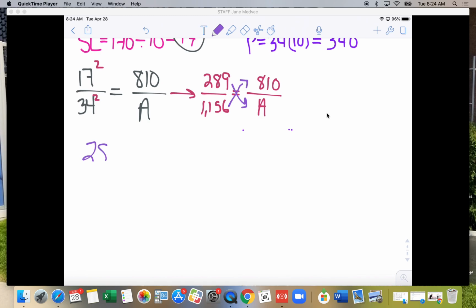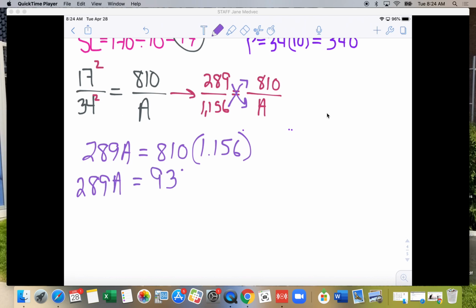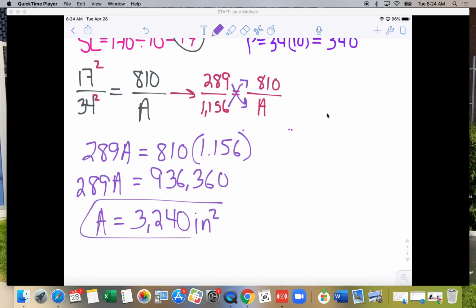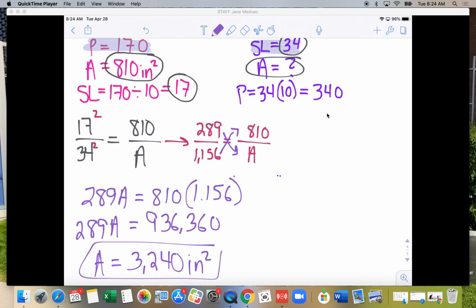I've got 289A equals 810 times 1,156. 289A equals 936,360. I'm going to divide by 289. So A ends up giving me 3,240, and it'll be inches squared. Inches squared because, remember, the smaller figure was in inches.